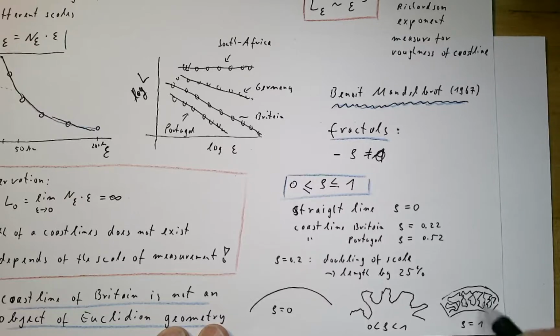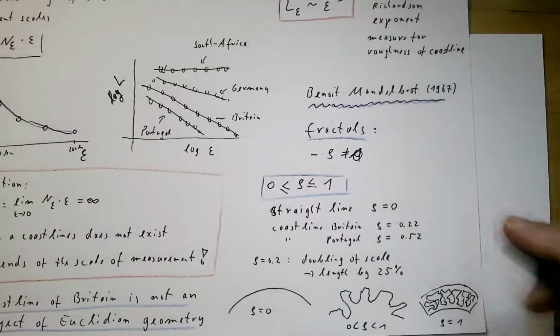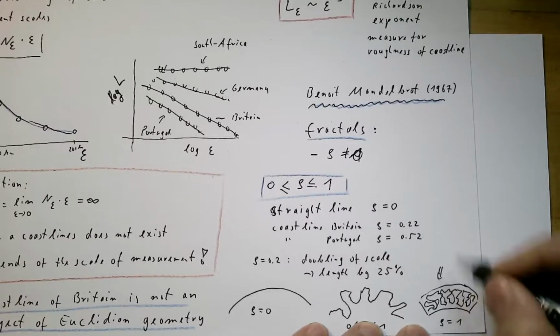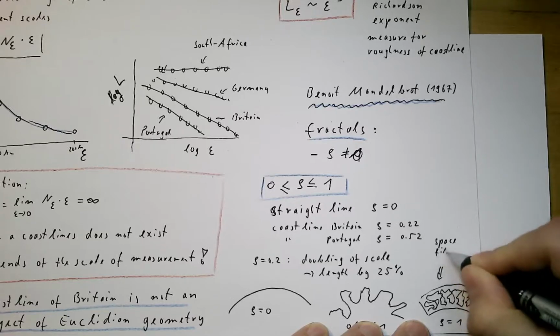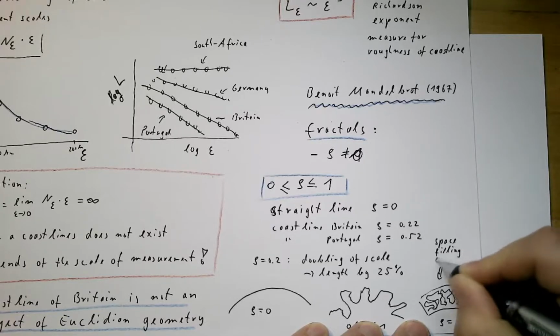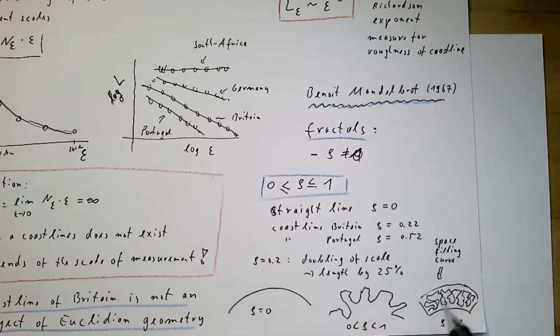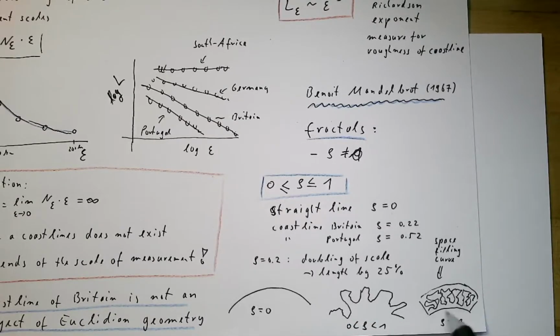So actually this is already, if the curve is so rough that it totally fills the space, that's a space filling curve. So this actually has a dimension of 2. It's already an area, even though microscopically this is constructed as a line.